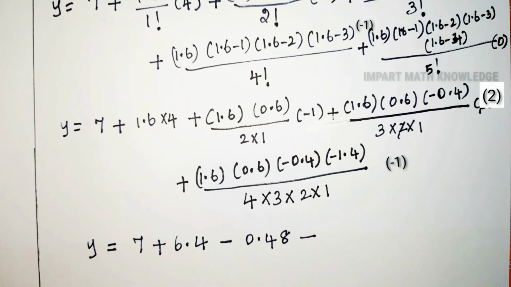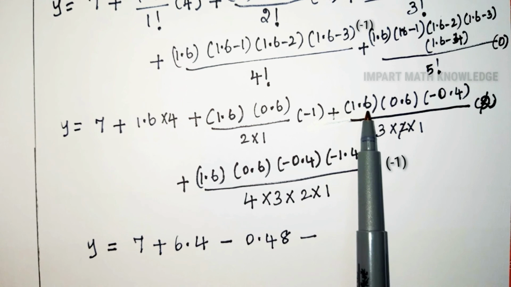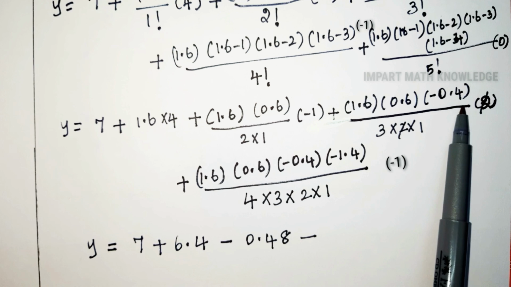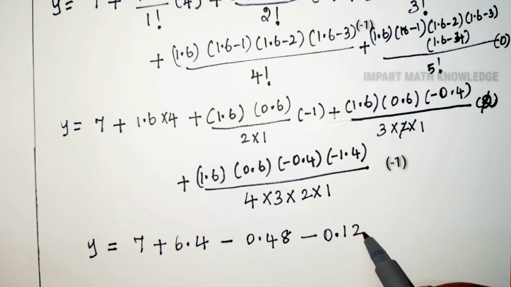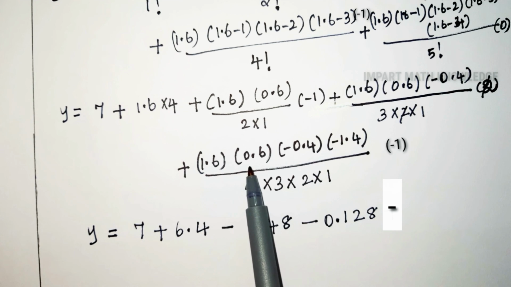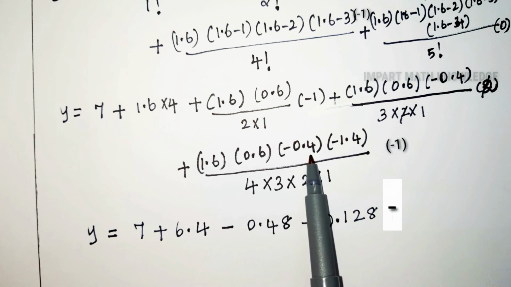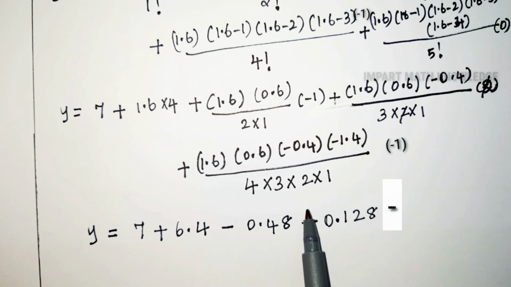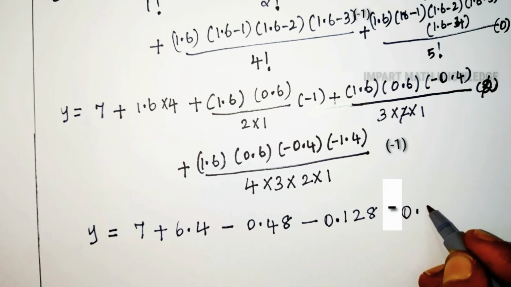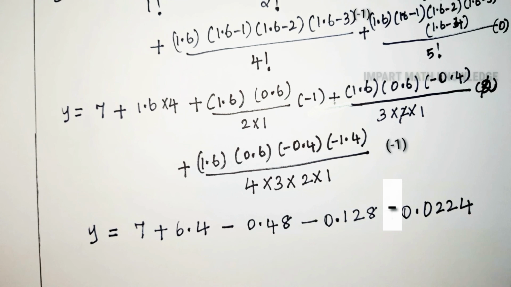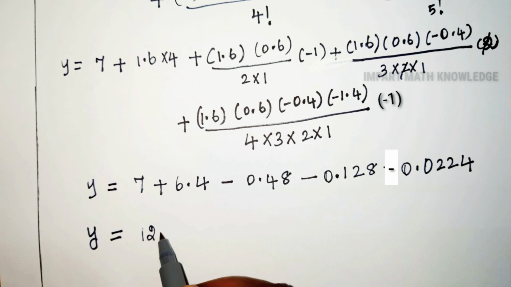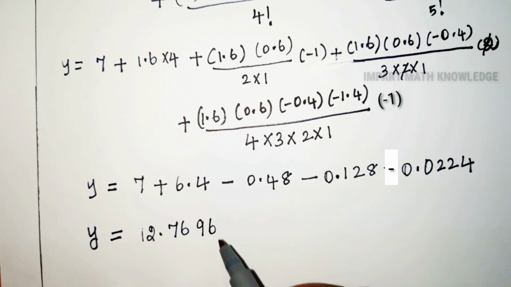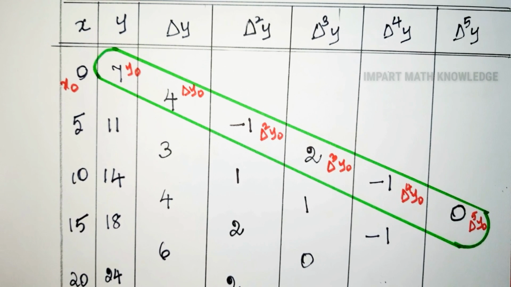This is minus 2 getting cancelled. 1.6 into 0.6 into 0.4 divided by 3 is 0.128. 1.6 into 0.6 into 0.4 into 1.4 divided by 24 is 0.0224. Simplifying this, we get y is equal to 12.7696.